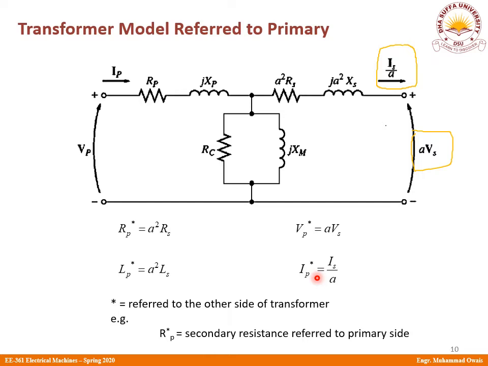For instance, Rp* will refer to secondary resistance that has been referred to the primary side. Okay, so this resistance is nothing but my Rp*. So I hope this is clear to you. Similarly, this will be now Lp*, where the star would mean that this is not actually a primary reactance or impedance. In fact, it has been referred to the primary side.